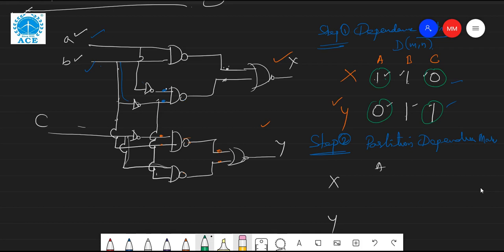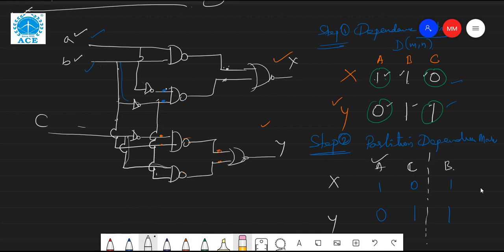So in this case, what I would like to take is C and B. So let us see. A is 1 0, and this one is 0 1. Now this one is 1 1. Now this is a partition.